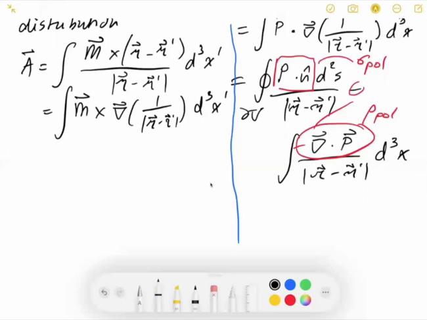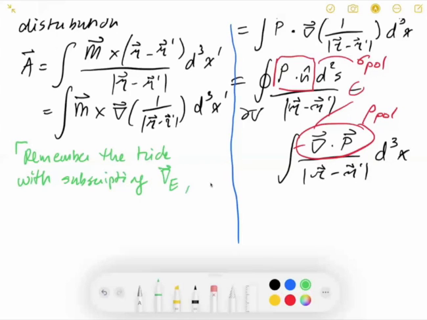So remember the trick with subscripting E and B, and then manipulating those across your cross products using the regular cross product rule.